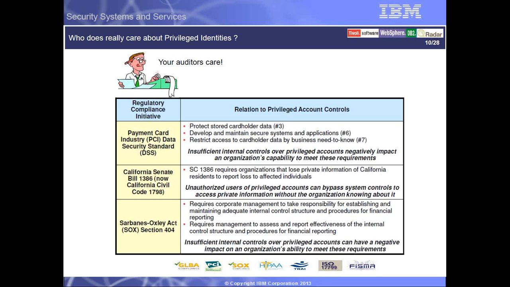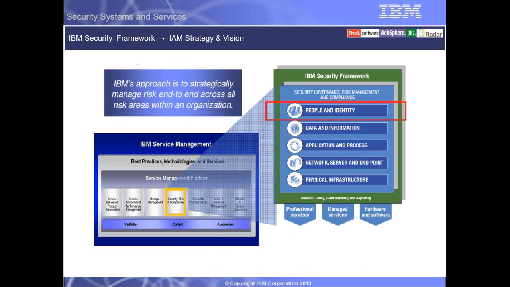So this is why it is so important, and auditors look into it in a very detailed way, and they need the justification of each of those accesses made for any of these activities done using privileged IDs.